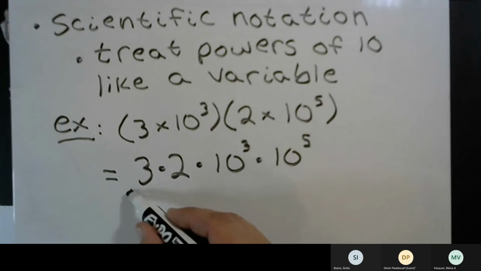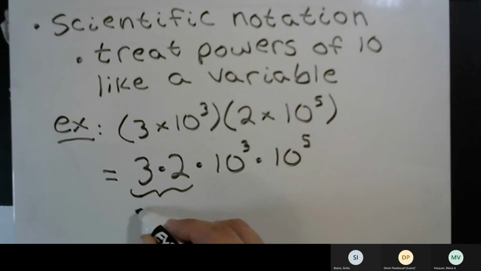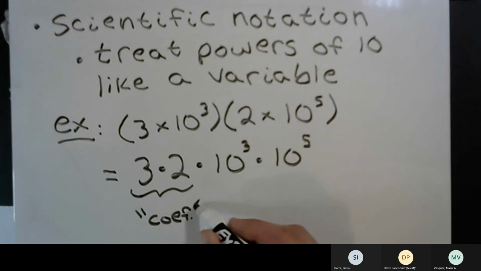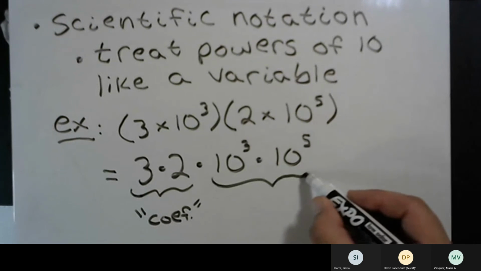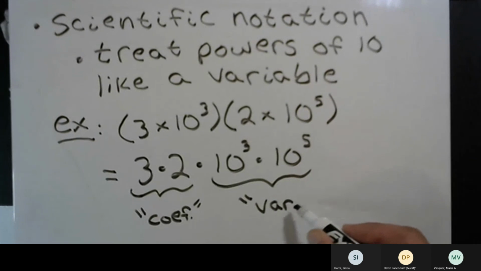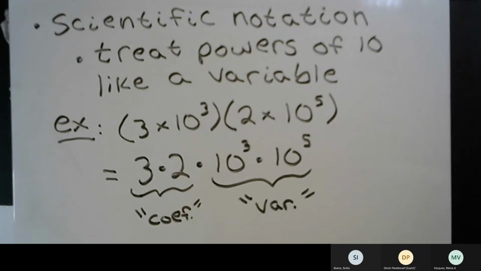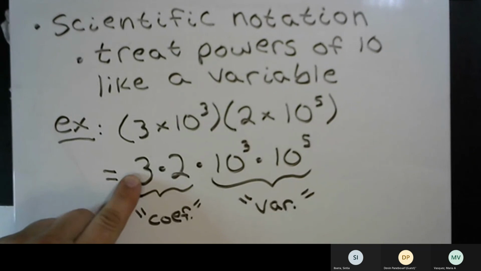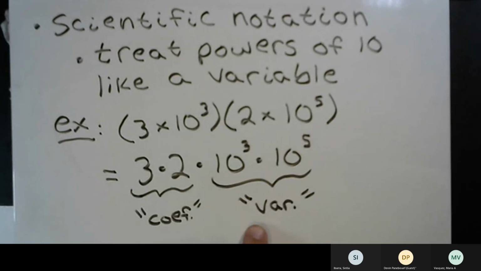So this would usually play the role of coefficients. This would usually play the role of the variables. But instead, we're going to break it up into non-powers of 10 and powers of 10.